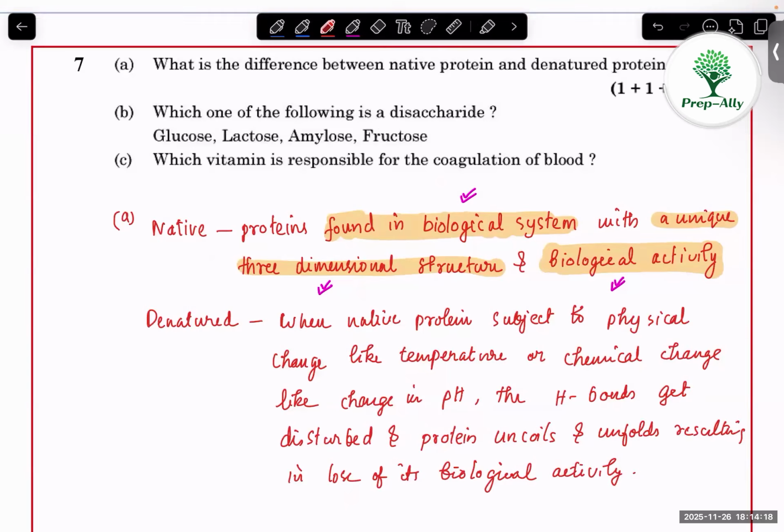Denatured protein means any native protein which is subjected to physical or chemical change. Simply, if you write that, you will get the marks.